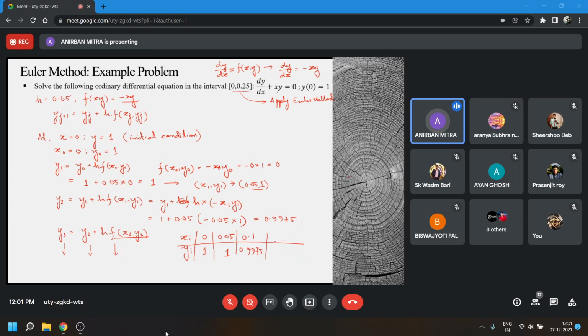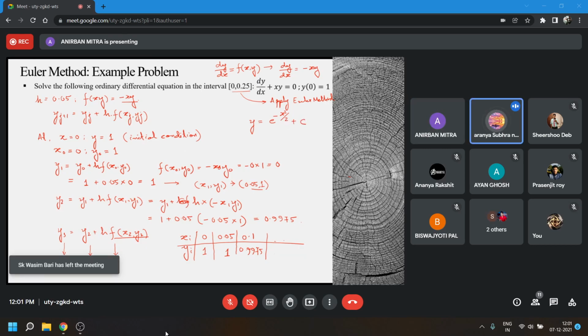You can separate out the variables. So dy/y would be equal to minus x dx integrated. So y would be equal to e to the power minus x squared by 2 plus a constant.